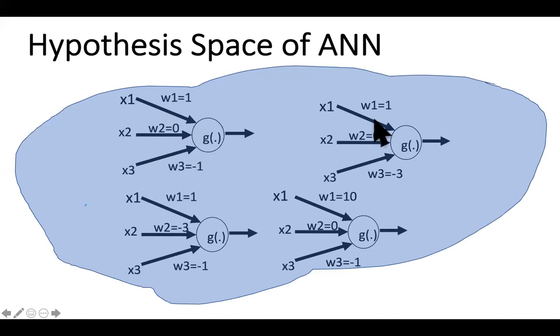Different values for the weights give different functions. And the set of all the functions that we can represent using a given structure is a hypothesis space. So machine learning or deep learning is then about finding the best function, or the best choice for the weights, out of all possible choices. And this is exactly what the fit function does.